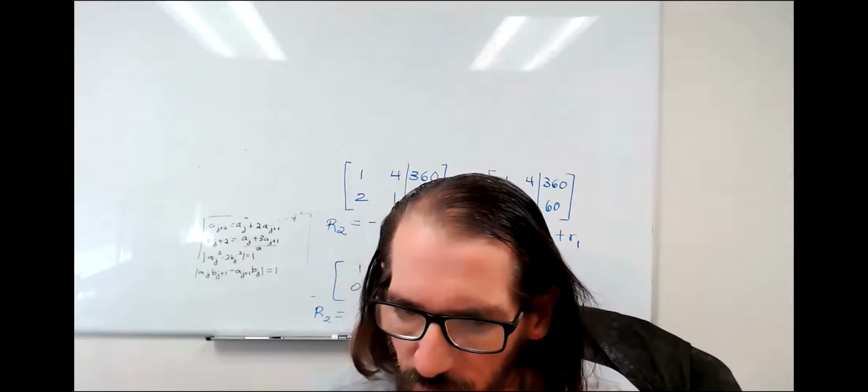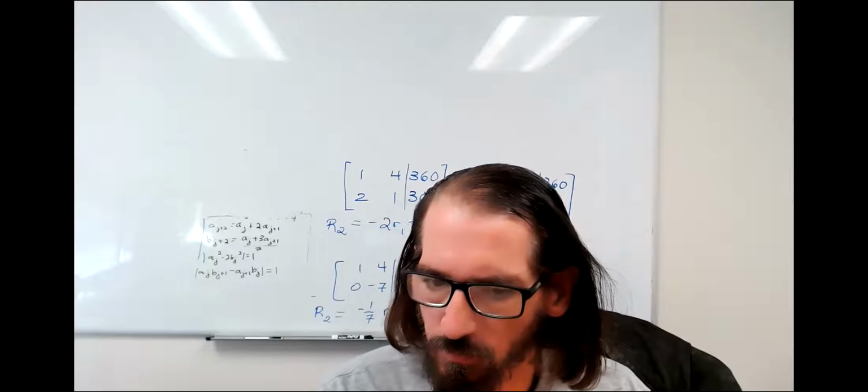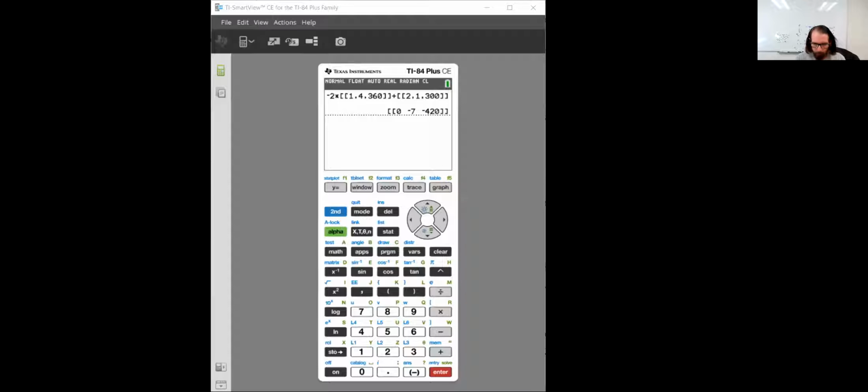So how's that going to look? All right, here we go. -4 times, let me see if I can take that previous answer. Oh, well, I'd have to get that multiplied by the -1/7 as well. Let's see if that'll work.